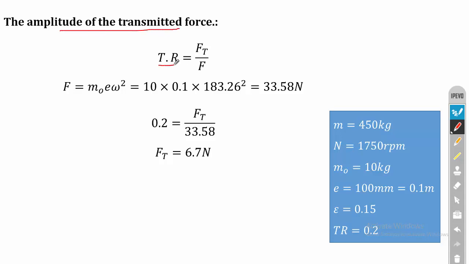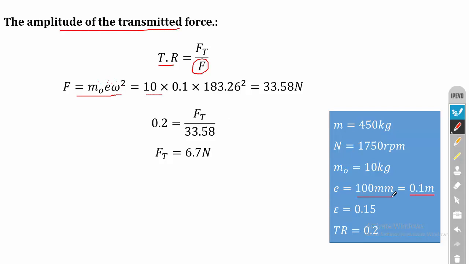So we know that the transmissibility ratio is equal to Ft divided by F, and here F is the generated force. For an unbalanced system, the generated force F is equal to m naught E omega square. Here m naught is the unbalanced mass, E is the eccentricity, and omega is the forced frequency. m naught is given in the problem, it is 10 kg, then E is 0.1 meter.